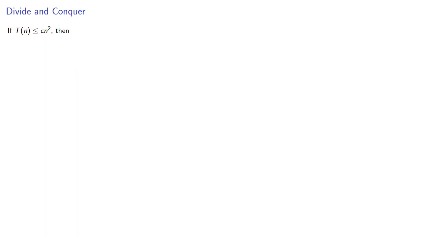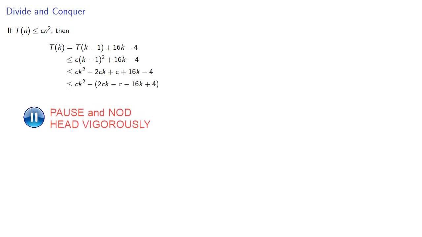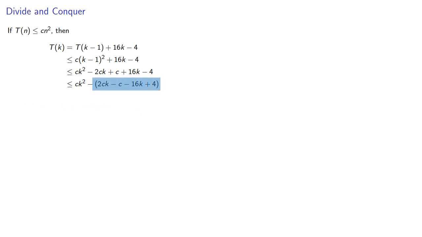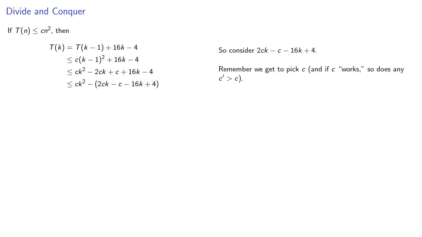So let's rearrange that. If t of n is less than or equal to cn squared, we can rewrite our recurrence as. So consider this expression, and remember we get to pick c, and if any particular value of c works, so does any larger value. So suppose c is greater than or equal to, I don't know, how about this?